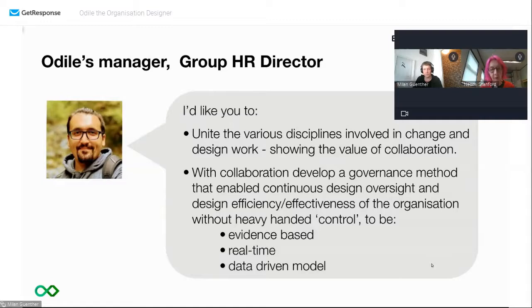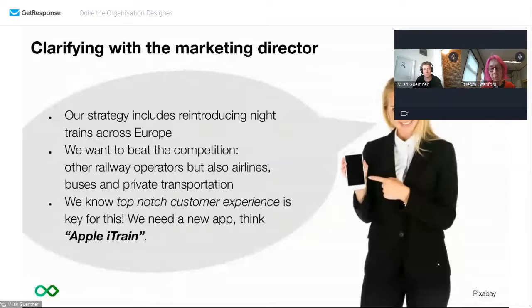The next step is starting to go in and make sort of introductions to yourself with others and get an idea of what's going on. And here we have Odile clarifying with the marketing director what the strategy is. Now, this has got another fairly typical thing. I've never heard a private sector organization say they didn't want to beat the competition.